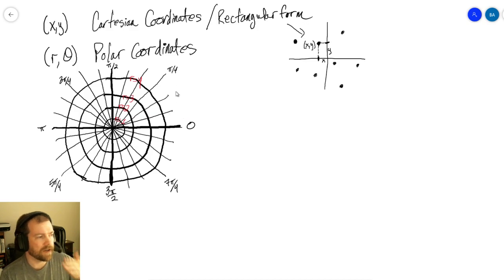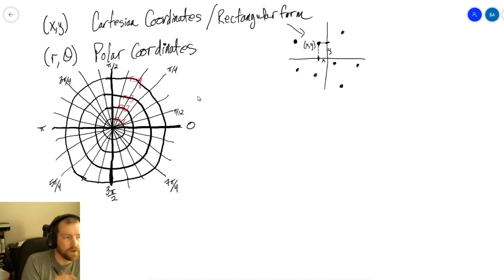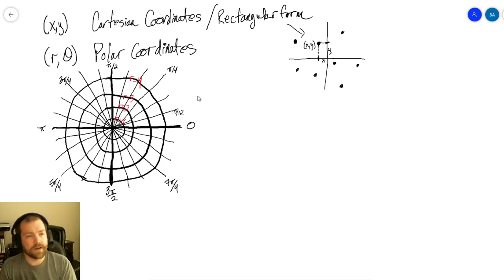As we go out, I have incremented this by pi over 12. So every single one of these going all the way around the entire unit circle is going to be a pi over 12 radian unit, or if you prefer, a 15-degree increment. And this also means that all of the other angles that we're going to care about, the ones that are nice values inside of our sine and cosine functions, are all going to be represented here.